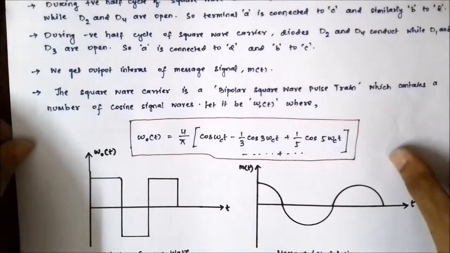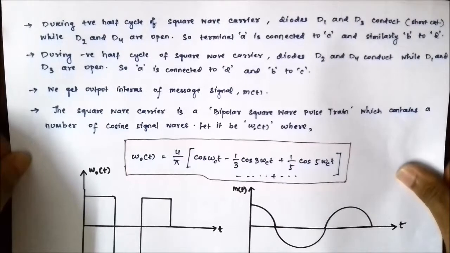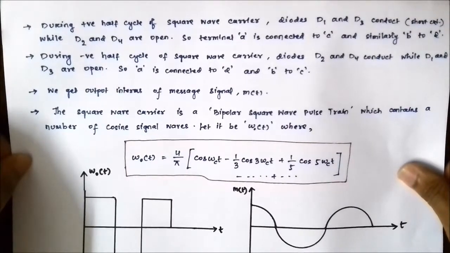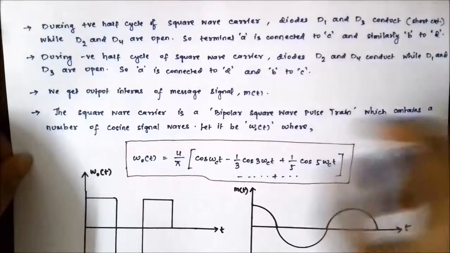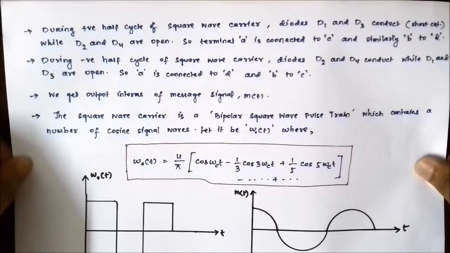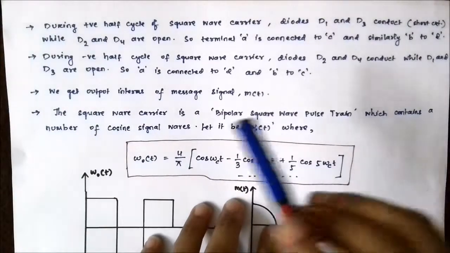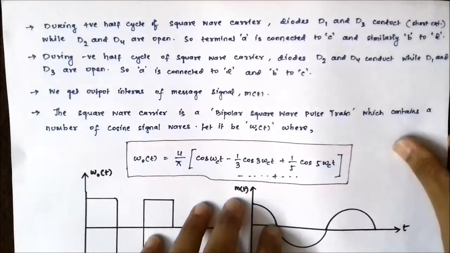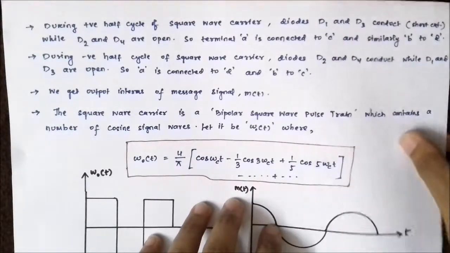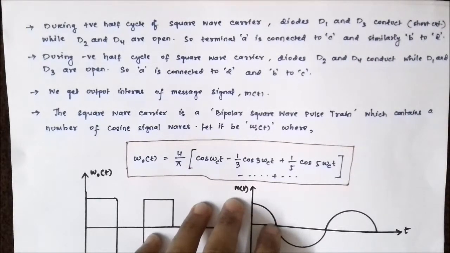Now, please refer to the screenshot or the rough diagram that you have drawn in your rough copy while you see these things. So during the positive half cycle of the bipolar square wave carrier, the diodes D1 and D3 conduct.